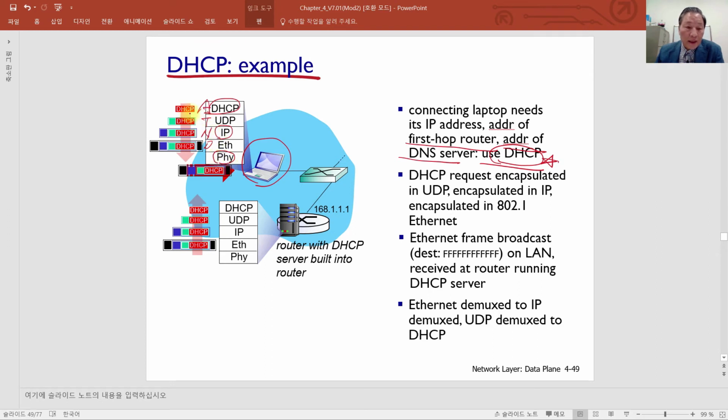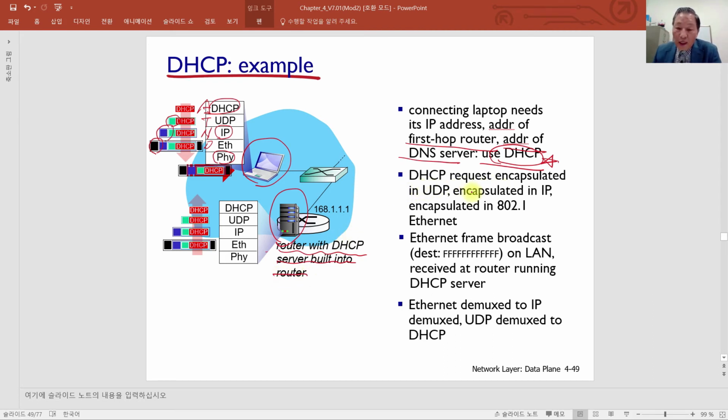The DHCP protocol is an application layer protocol, and it will be transferred with a header in the transport layer, another header in the network layer, and another in the Ethernet or data link layer. It will be sent through the network to the DHCP server, if there is any. Usually the router has that functionality built in.